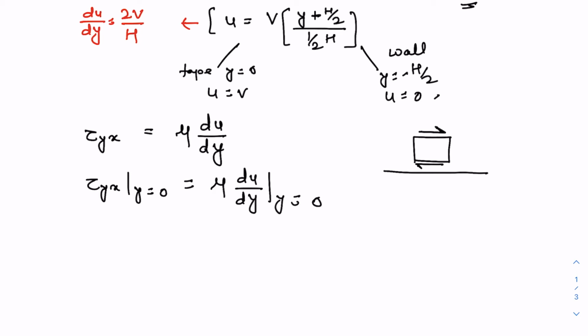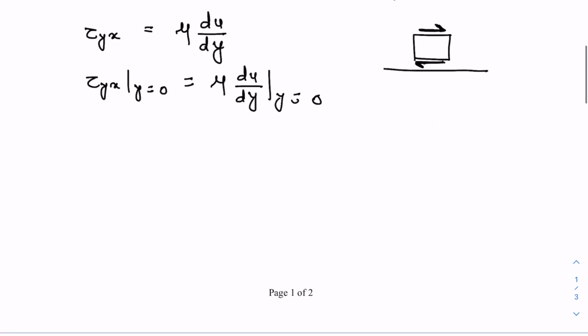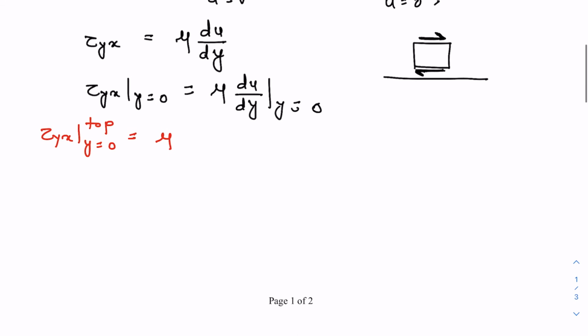If the shear stress acting is positive on this face, then it is directed in z direction, and the positive shear stress on a negative surface is directed in the negative direction. And so tau yx at y equal to 0 for the top channel is basically mu, and we need to substitute this mu times minus 2v by h.